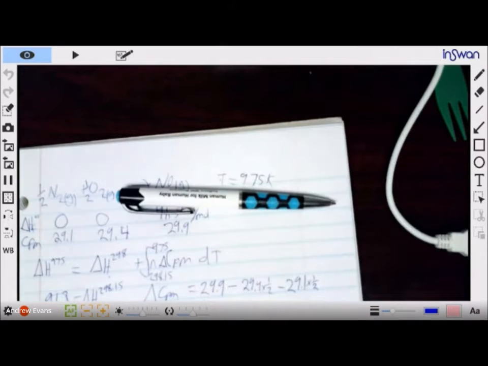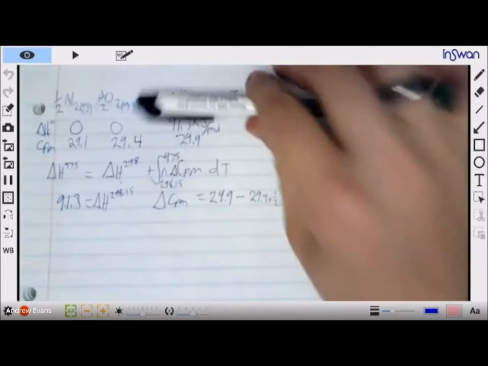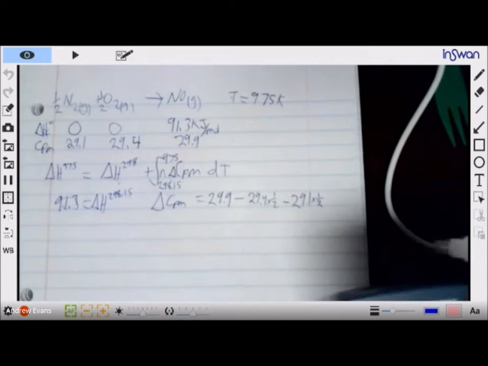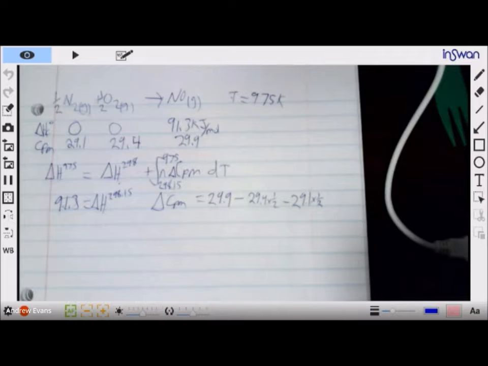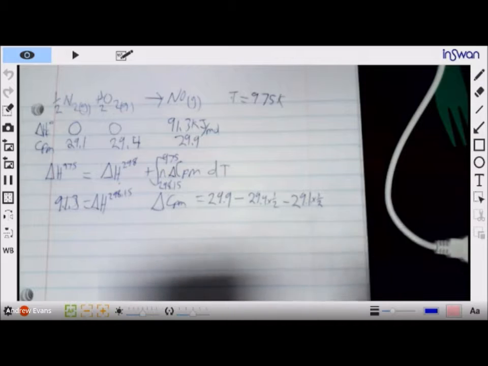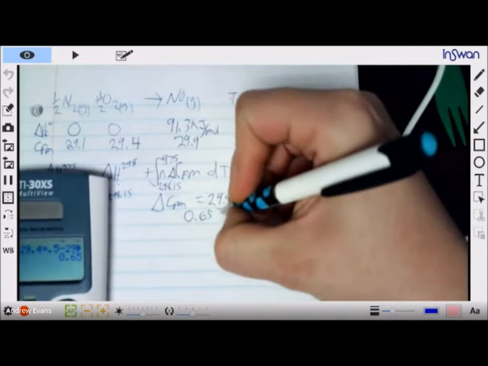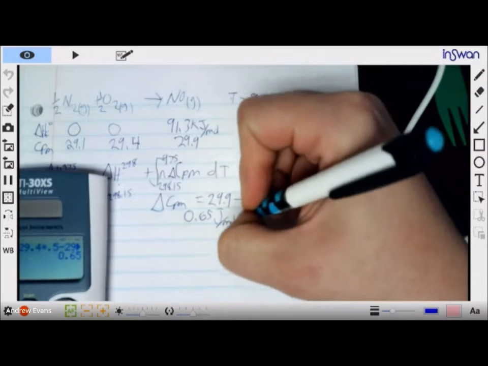With that in mind, our delta C sub P sub M is 29.9 minus that 29.25, which is 0.65 joules per mole Kelvin.